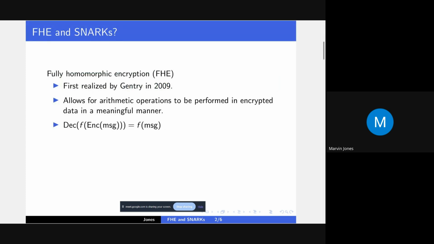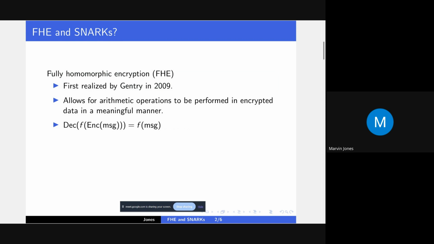All right. So, if you've been in the space for any time, you've seen FHE, you've seen Snarks, and sometimes they're buzzwords that are not explained. So we're going to briefly explain again at a high level view what each of these are.